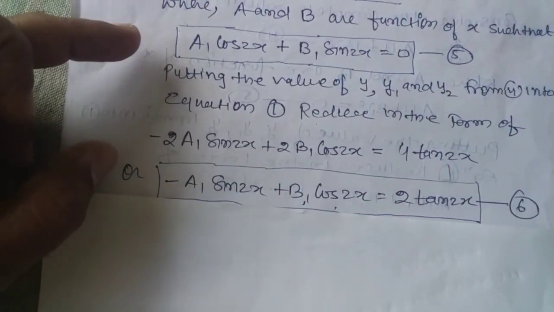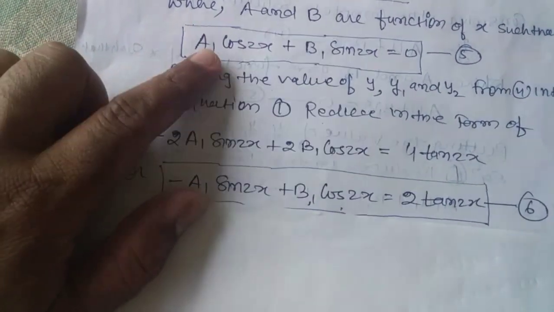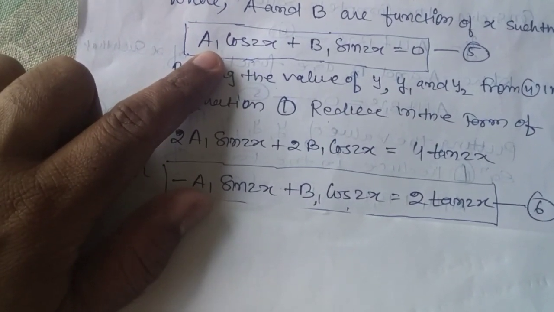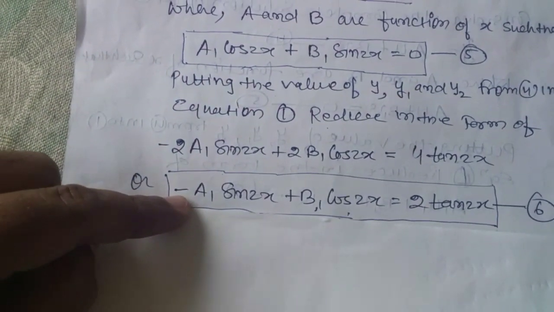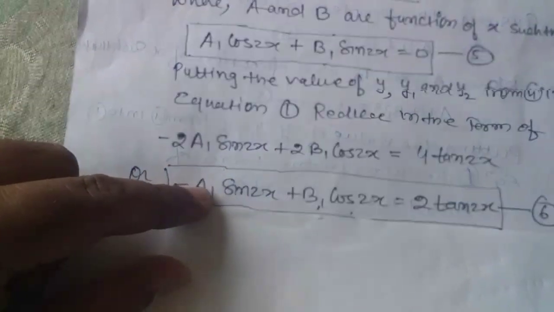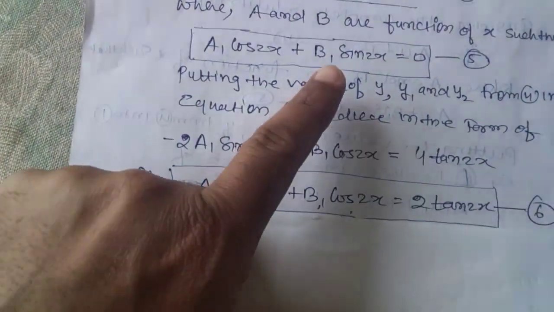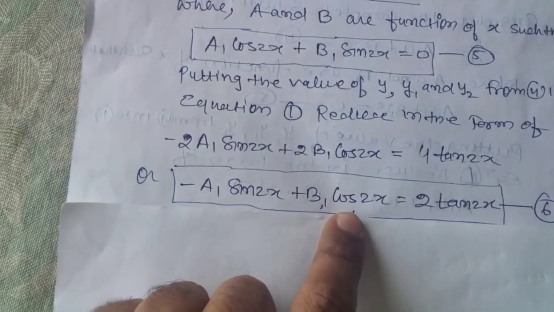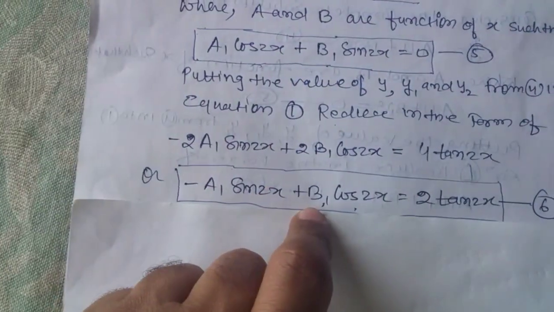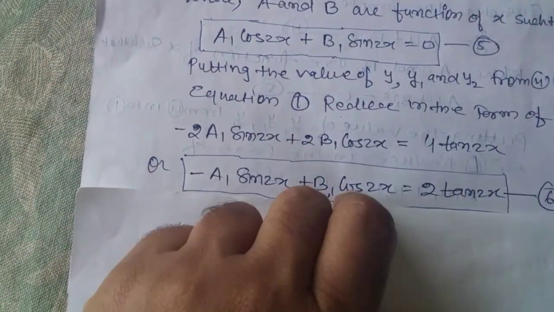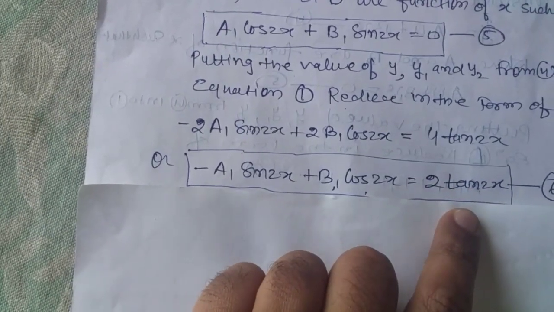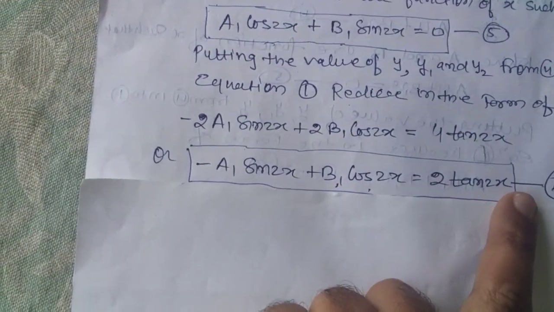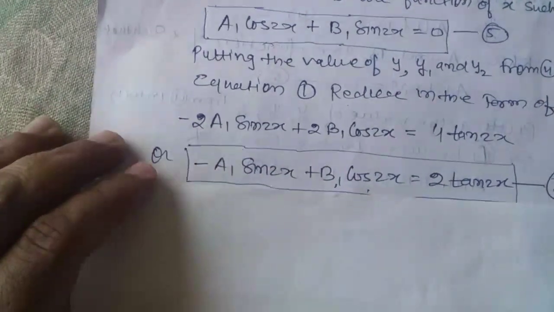To simplify equations 5 and 6, multiply equation 5 by sin 2x and equation 6 by cos 2x, and adding, A1 cancels out. B1 common, sin squared plus cos squared is 1, here 0 plus 2 sin 2x upon cos 2x multiplied by cos 2x, cos 2x cancels.